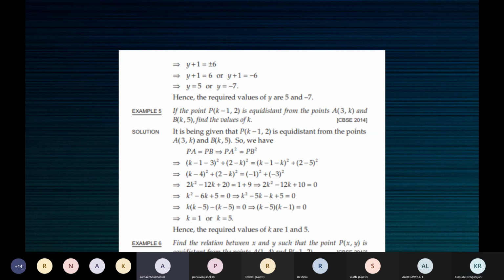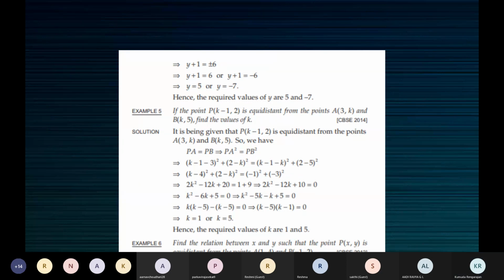X2 minus x1 the whole square plus y2 minus y1 the whole square, under the root. So that is for the distance formula. That is AB.